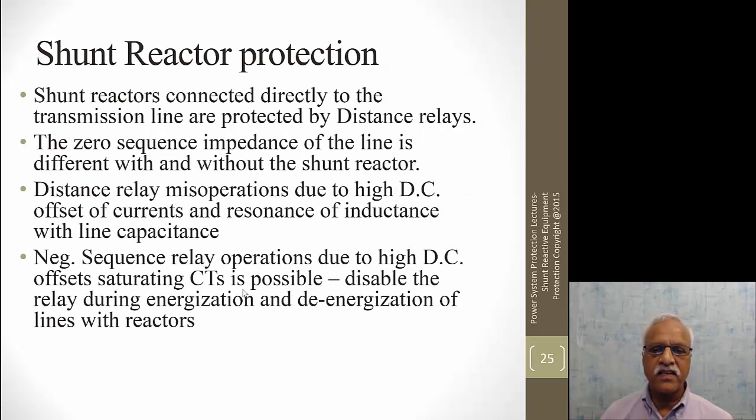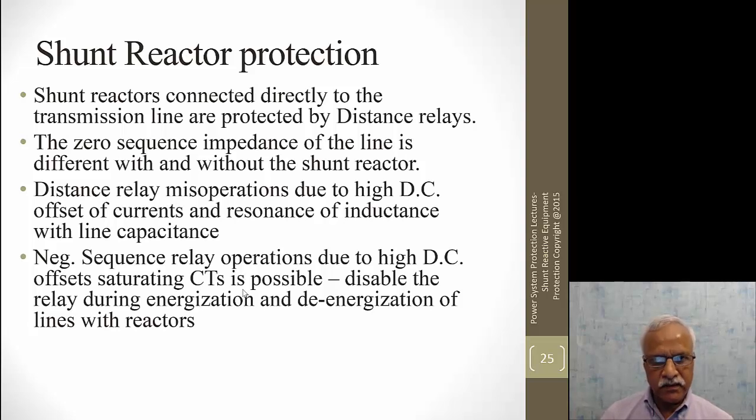So shunt reactors can be directly connected to the transmission line. In addition to this protection, if there is any severe fault, the transmission line distance relays will also trip for faults inside the reactors. We always use reactor protection to detect where the fault is, whether it is a transformer fault or a reactor fault, and high current faults are detected by the distance relays.